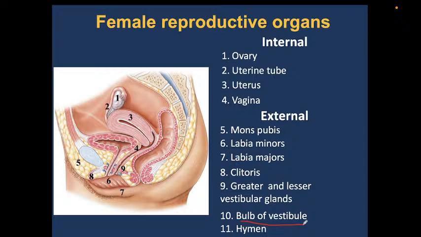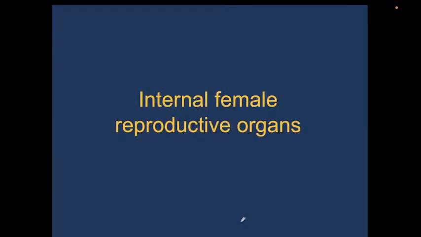It is the analog of the corpus spongiosum of the penis in men, and this organ is located at the base of the labia majora. And the hymen also, this is a membrane between internal and external reproductive organs.